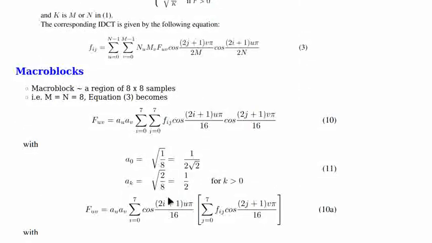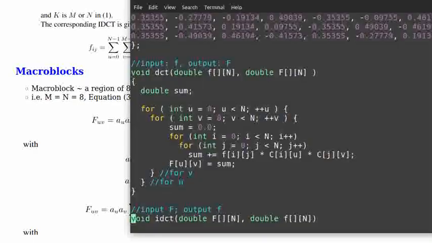So FUV is given by this formula. You have this term times this term, 2j plus 1 v pi over 2n. So that's what we have: Fij times Ciu times Cjv.